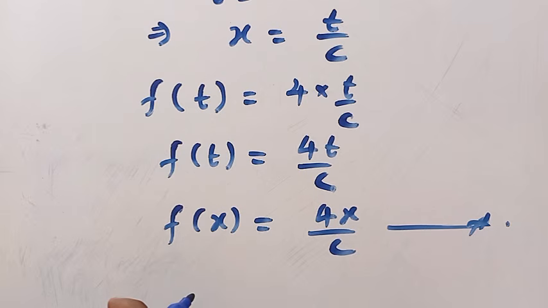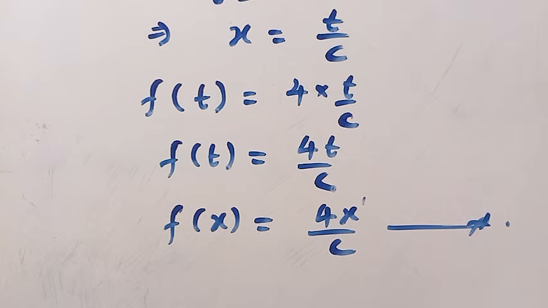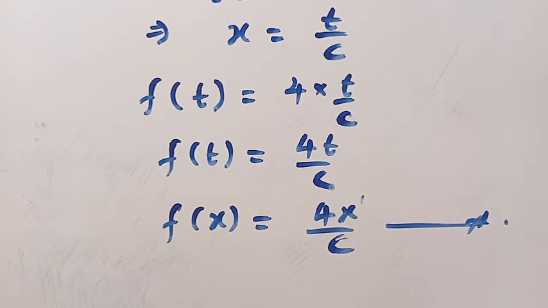The first bearing we got gave us the heads up of knowing that this equation is linear, and what we got here as well is a linear function. f(x) equals 4x to the power of 1 divided by c. But this doesn't make complete sense. What is the value of c? What is this c doing here? We have to know the value of c, and how can we achieve that? So this leads us to another step.